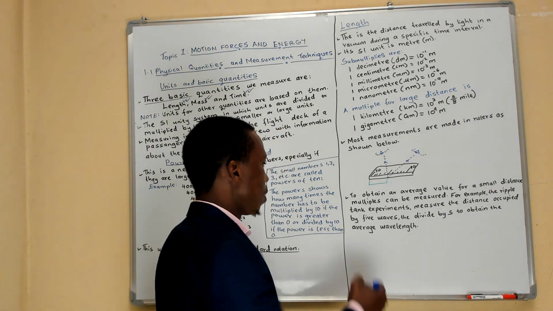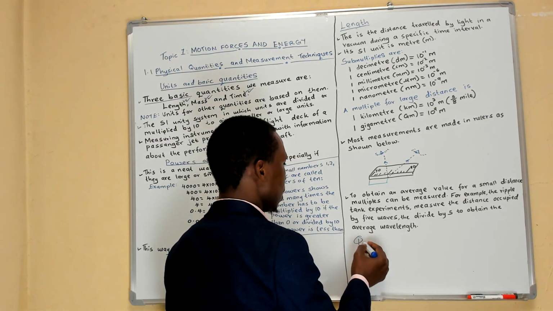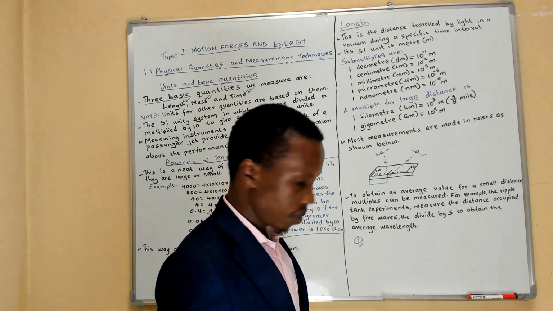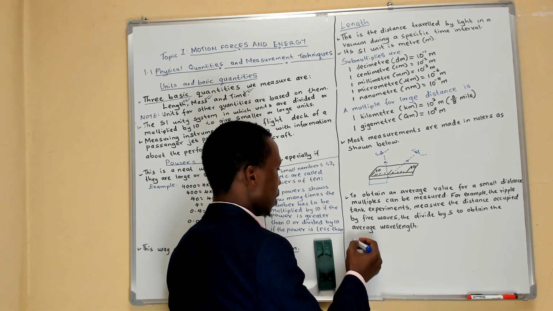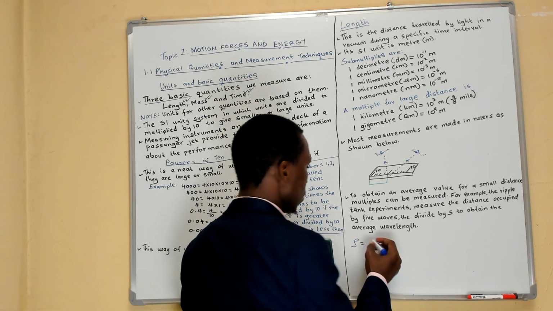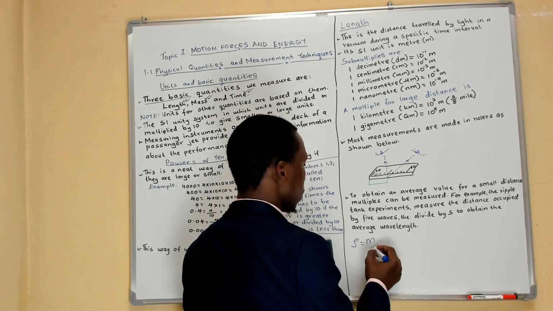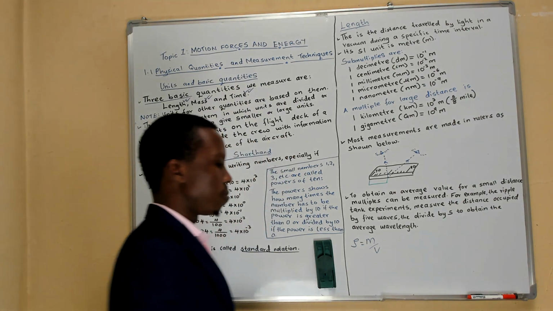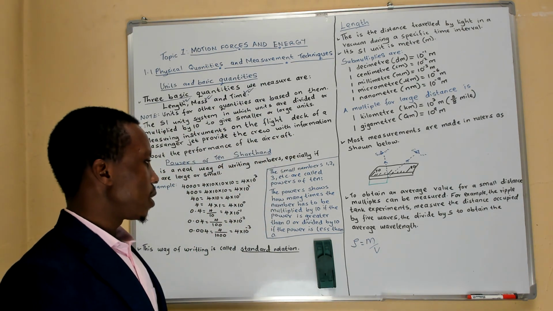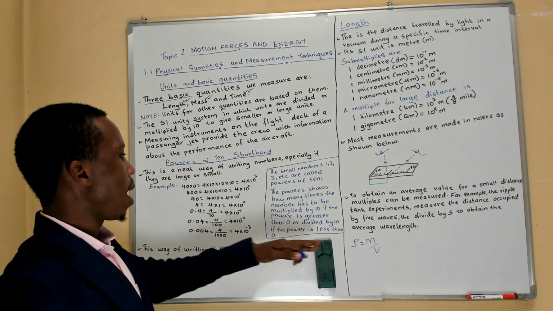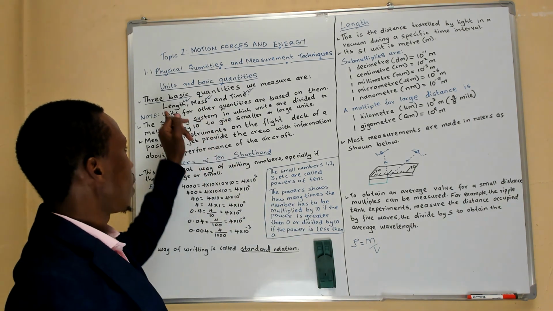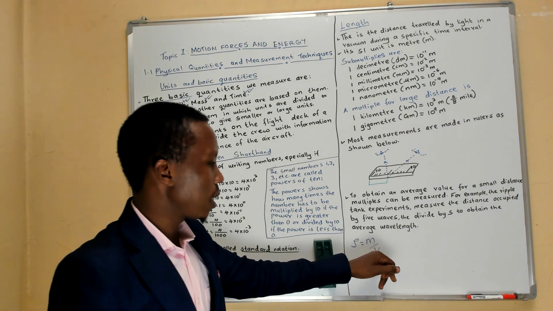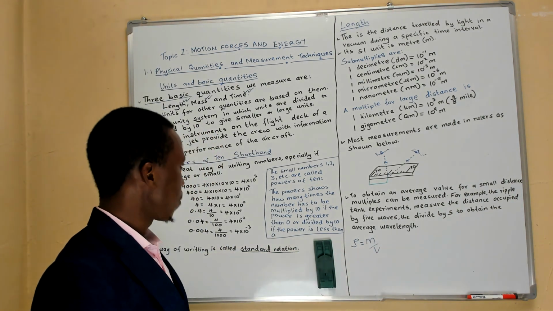Density, rho, is equal to mass over volume. You'll agree with me that density has a basis on mass, and it also has a basis on length, which is cubed, that is volume.